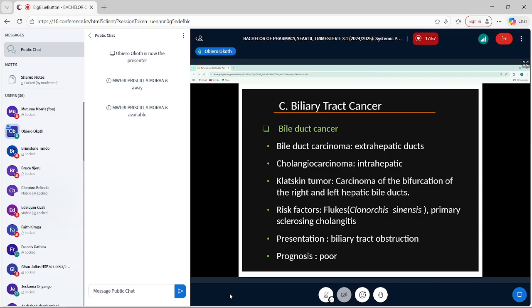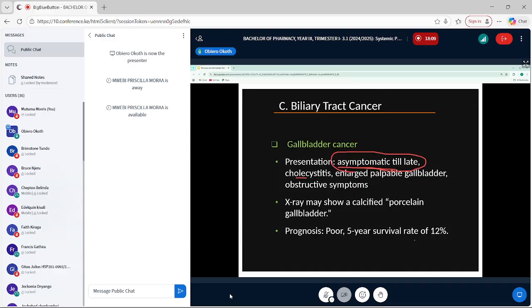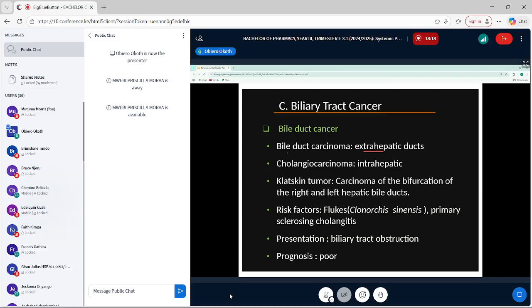You can also have bile duct cancer. What we have discussed was gallbladder carcinoma. You can have a biliary duct cancer outside the liver. Inside the liver, we call them bile duct carcinoma or cholangiocarcinoma if they are intrahepatic.